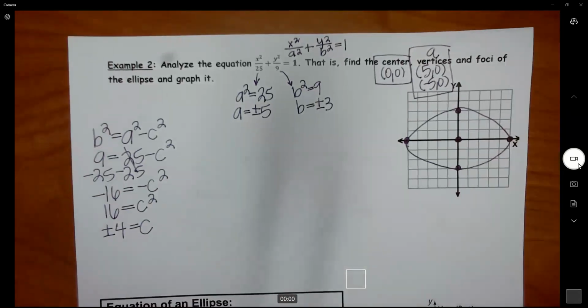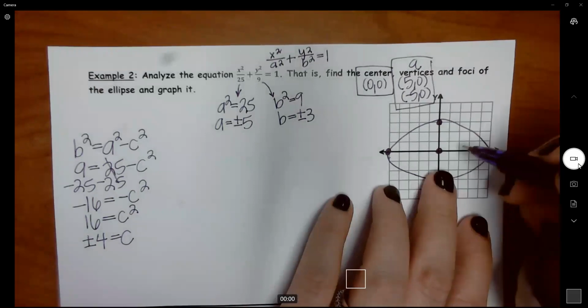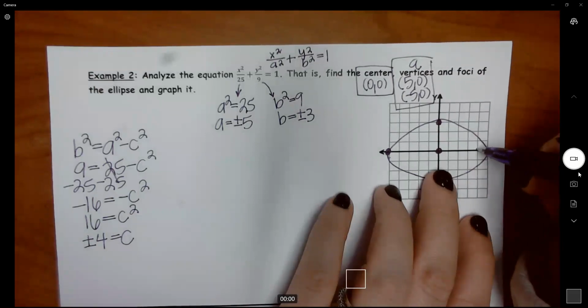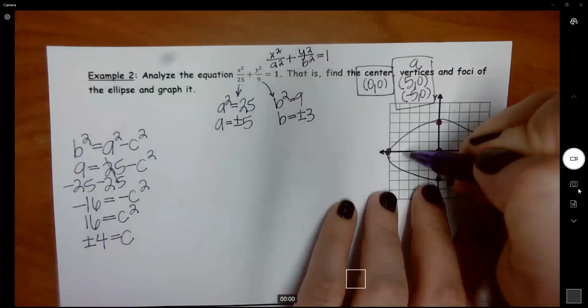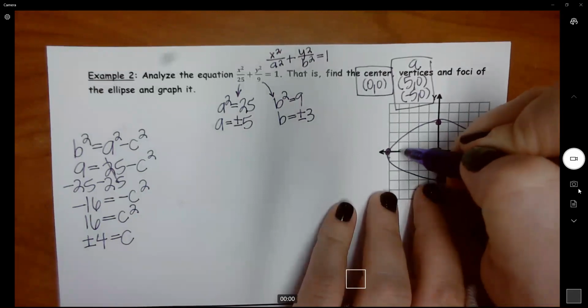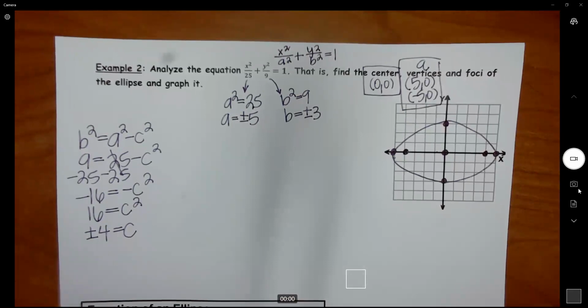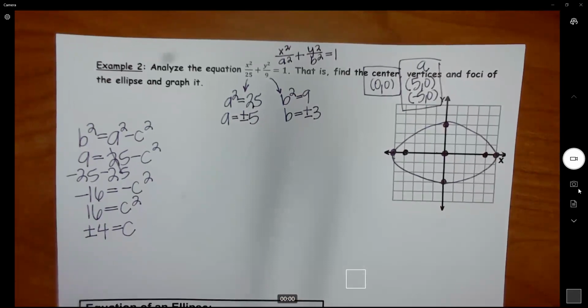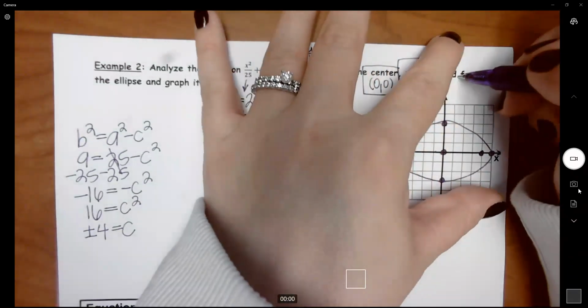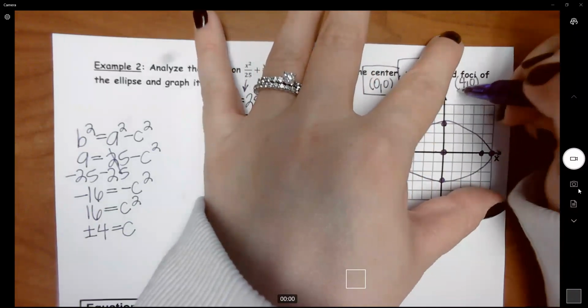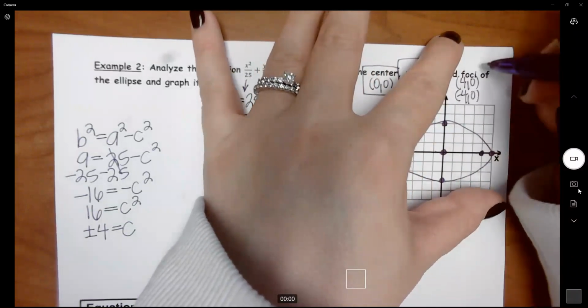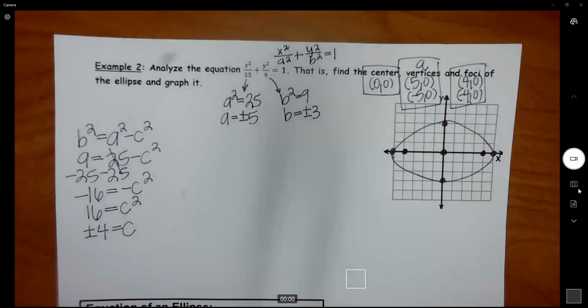So then my foci from the center is 1, 2, 3, 4, and 1, 2, 3, 4 to the left and to the right. So those ordered pairs are 4, 0, and negative 4, 0.